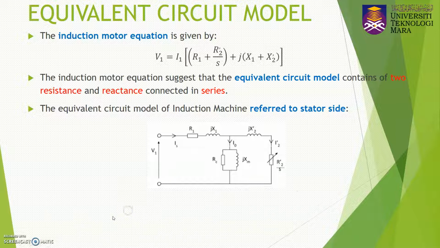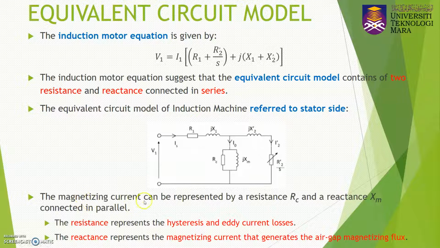The magnetizing current can be represented by the resistance RC and the reactance XM connected in parallel. The resistance RC represents the hysteresis and eddy current loss, and the reactance represents the magnetizing current that generates the air gap magnetizing flux.